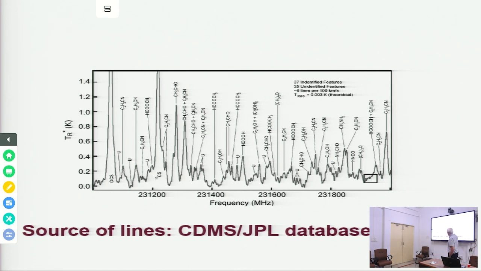And then you've got a whole lot of lines. Now, this is an older slide, so they may not all be used anymore. There certainly are used around. So 37 identified features, and 36 are identified. 6 lines behind 100 kilometers per second, strange units.